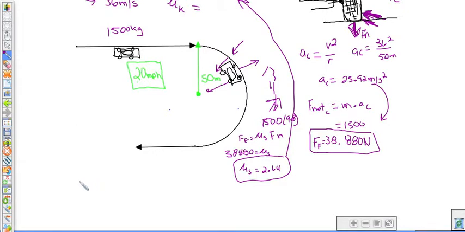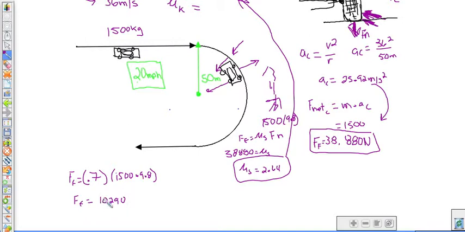So what is my friction force going to be if my coefficient of static friction is 0.7? I know that my force normal is going to be 1,500 kilograms times my force of gravity, 9.8. That's going to give me a force of friction of 10,290.